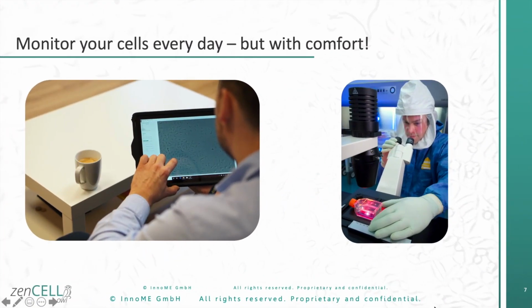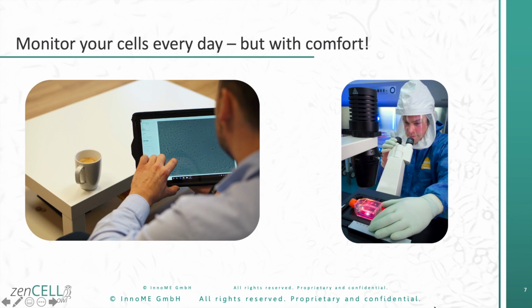We should be able to monitor our cells every day and every time we want, but with comfort and without all the negative impacts I described earlier. So the question is, do you want to scrub in to your clean room every day and handle single culture vessels? Or do you want to also check your culture, for example, while drinking a cup of coffee?